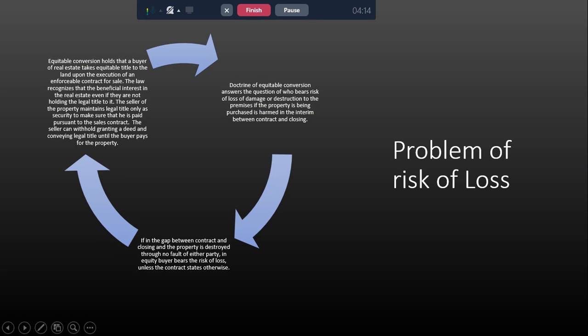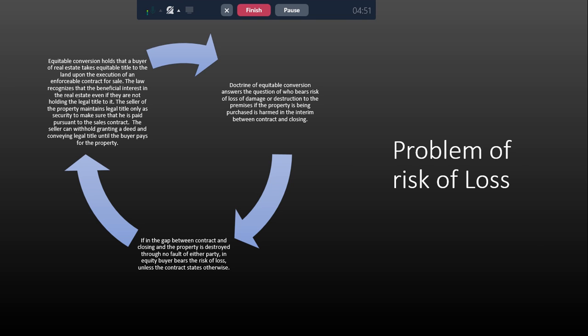There is also another issue, and this is actually the problem of risk of loss. This I found rather interesting because from the time the buyer signs a contract saying that he's interested in the property, before he signs again for the closing, anything may happen on that property, any sort of damages, such as floods or earthquakes, and you're not sure where the property is situated, and you're not familiar with the area, so you're assuming that what you're buying is an A1 shape.